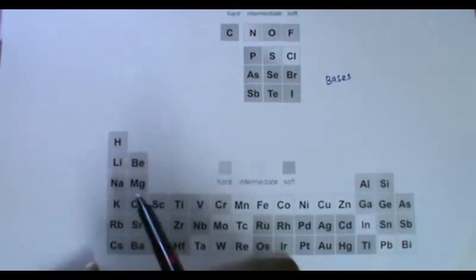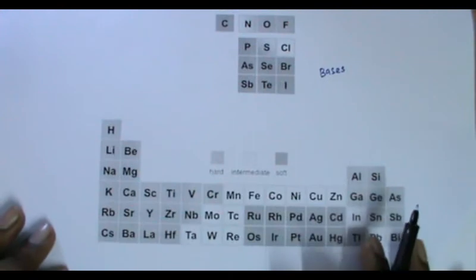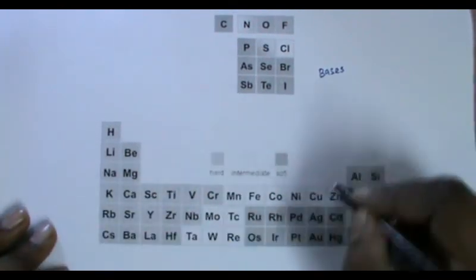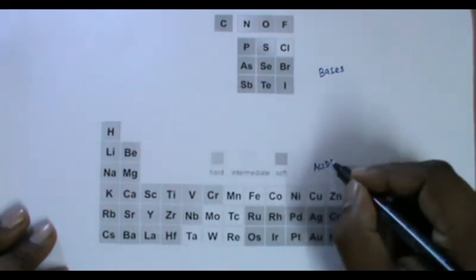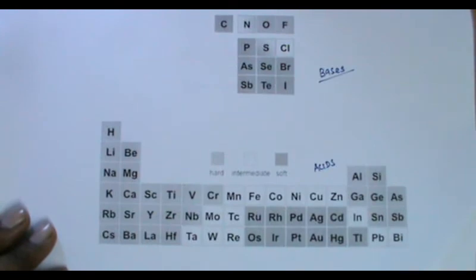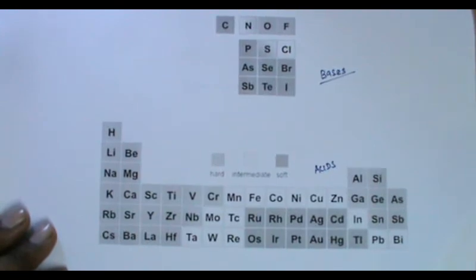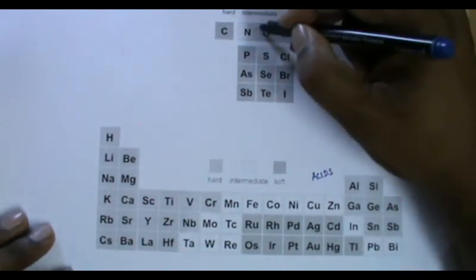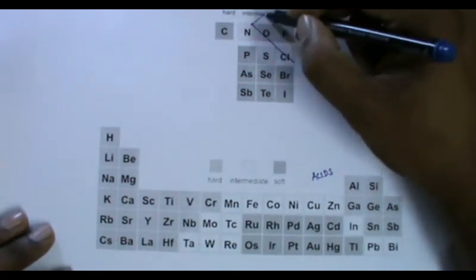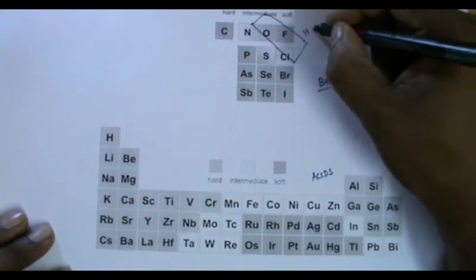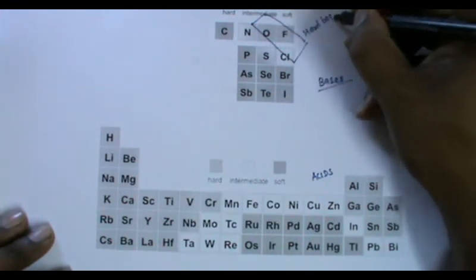On the other hand, all the remaining elements act as acids. So bases are only a few, and you can easily remember that. Further, among the bases, this region, that is oxygen, fluorine and chlorine, they classify as hard bases.